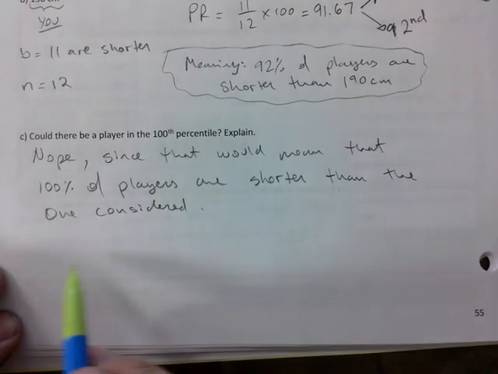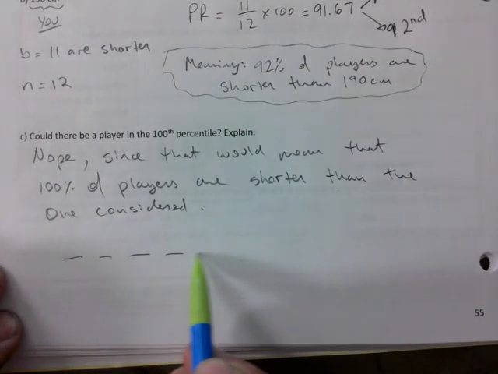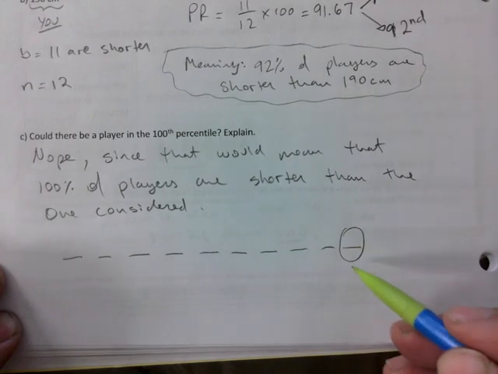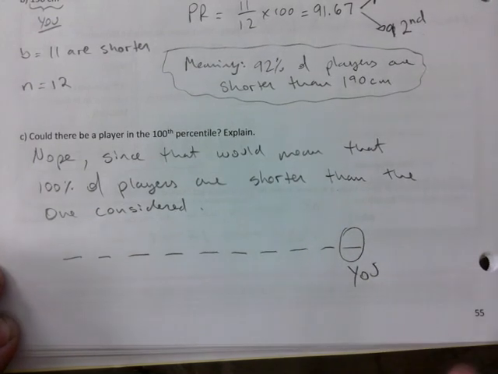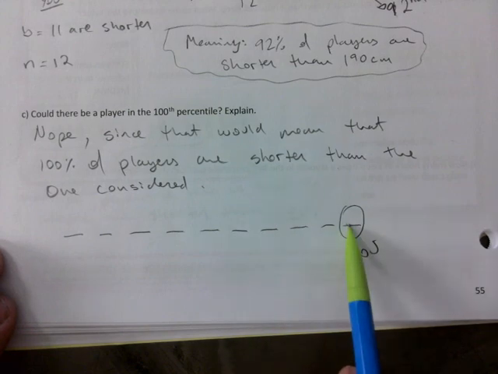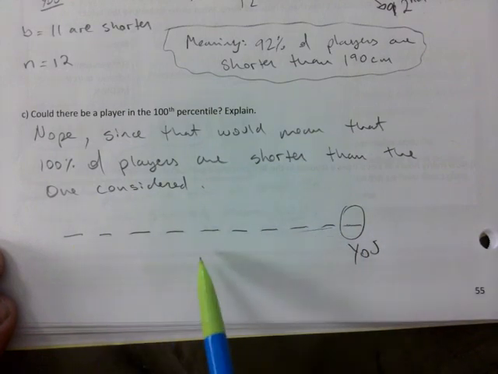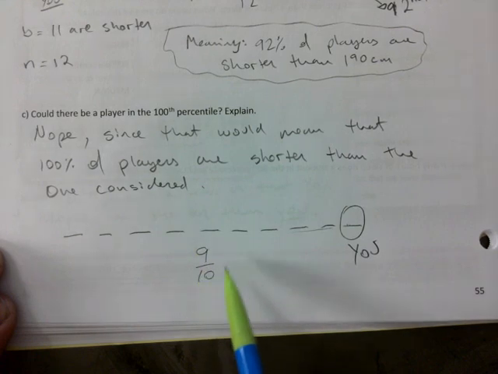Let's do a visual here. Let's go 10. 1, 2, 3, 4, 5, 6, 7, 8, 9, 10. If this is you, right? If all the other ones are shorter than you, that would be 9 out of 10 times 100.